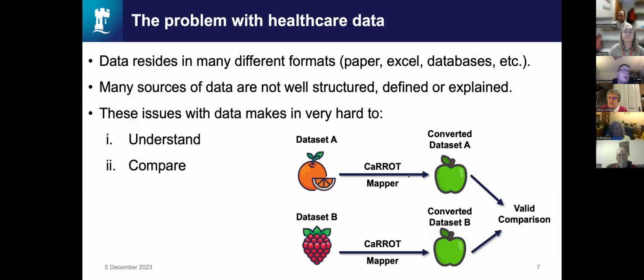So the problem we have with data is that a lot of data is in different formats, and I'm sure everyone here understands.